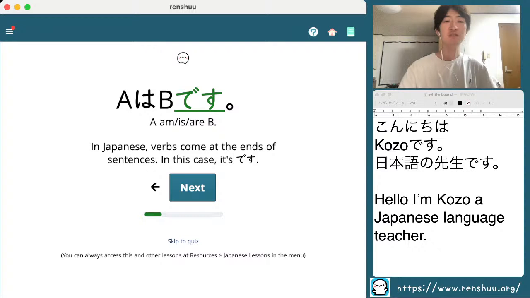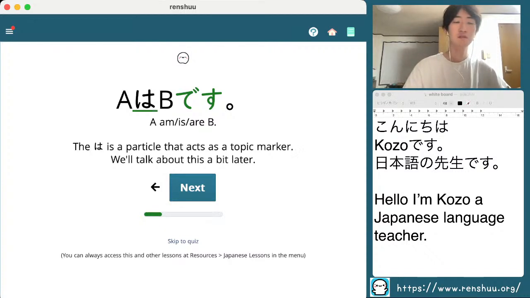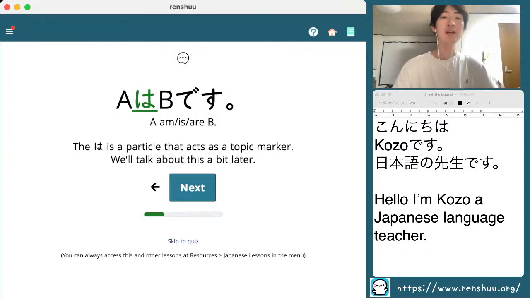In Japanese, verbs come at the end of sentences. In this case, it's desu. Yeah, right, desu. A は B です。This is at the end of the sentence. It's all written in hiragana. Yeah, there is no kanji for desu.